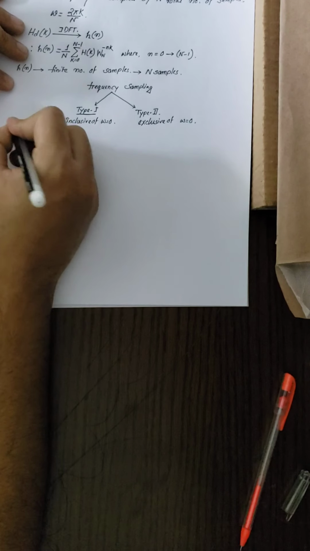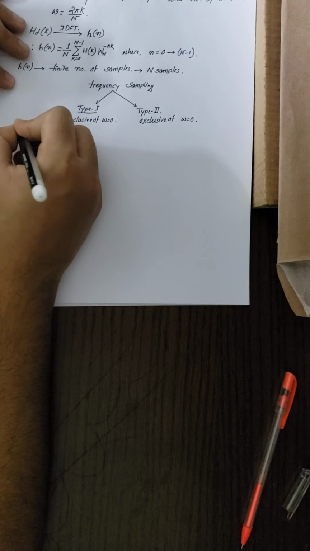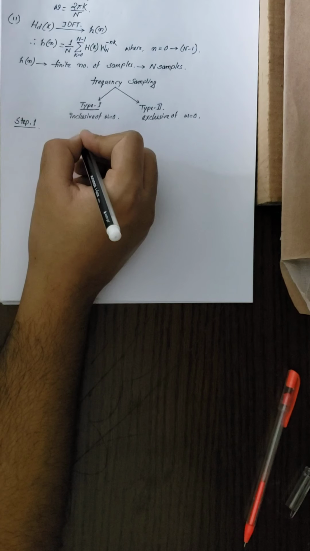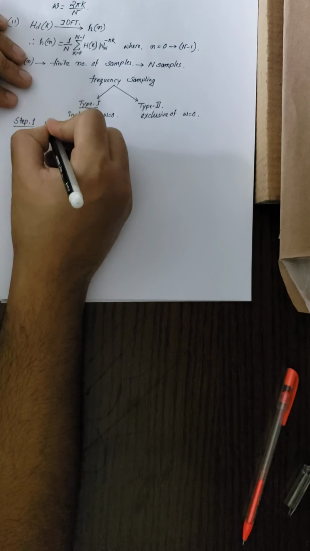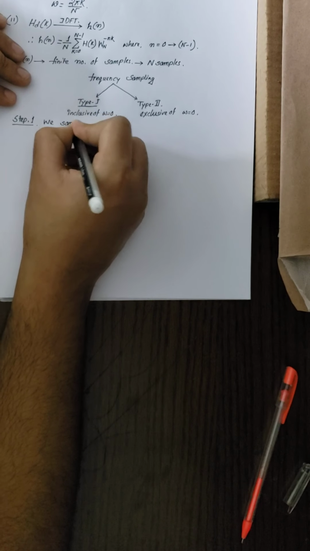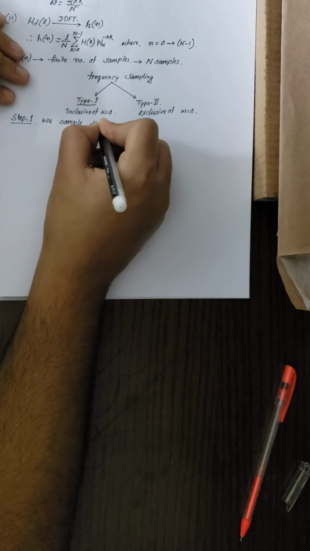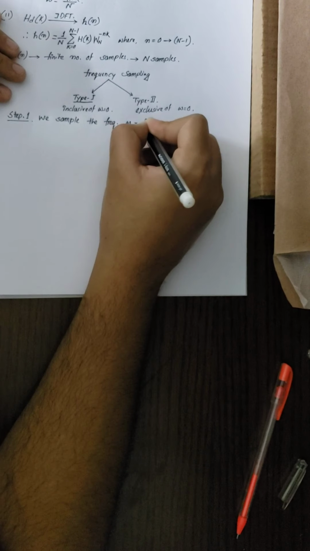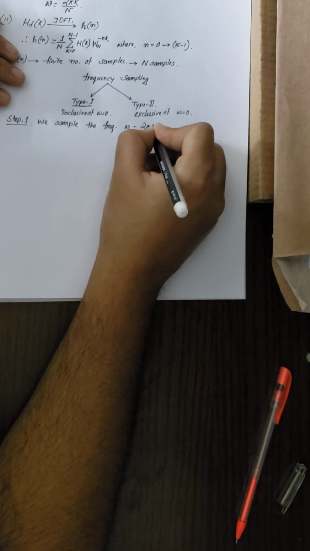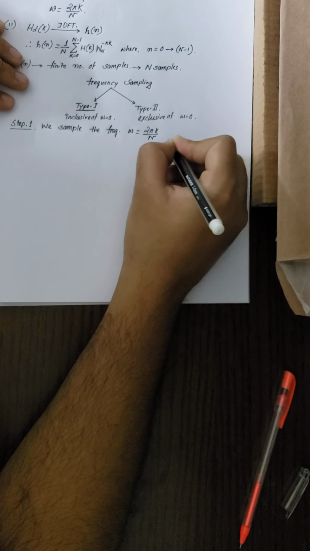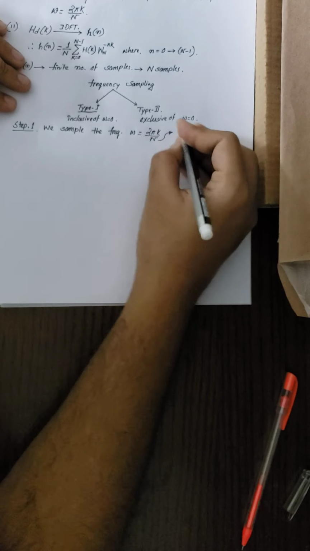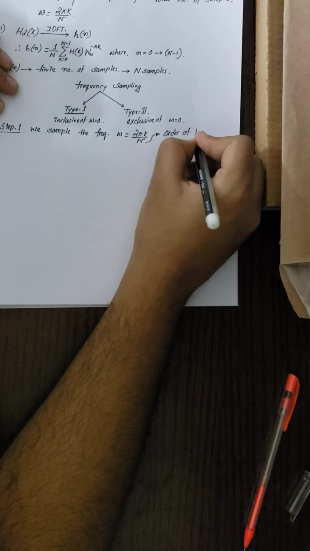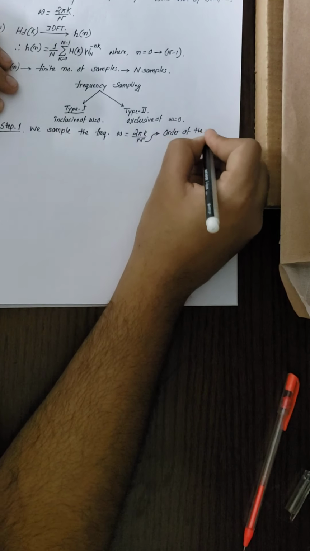So let us go to the steps. So the first step, step 1, is we sample the frequency omega equal to 2 pi k over N, where this N is known as the order of the filter.